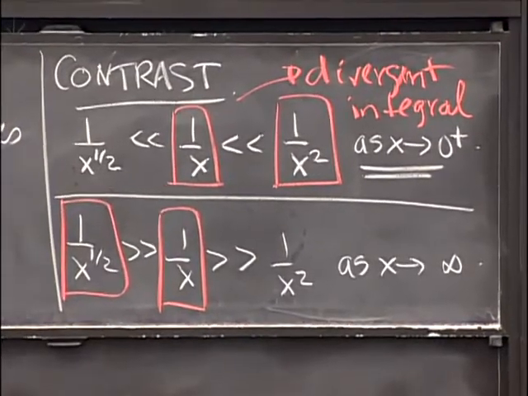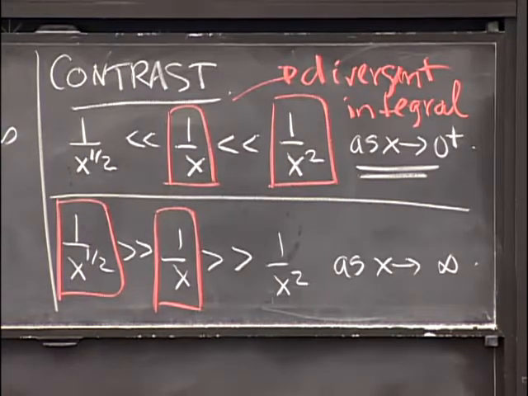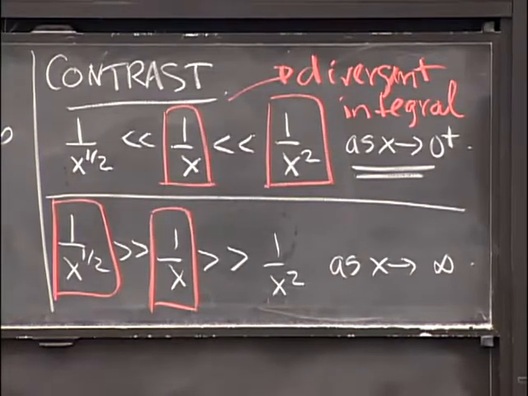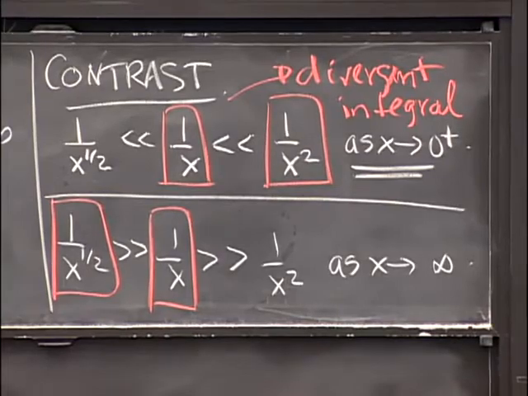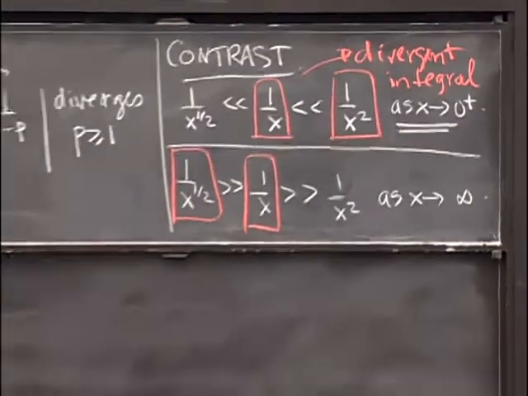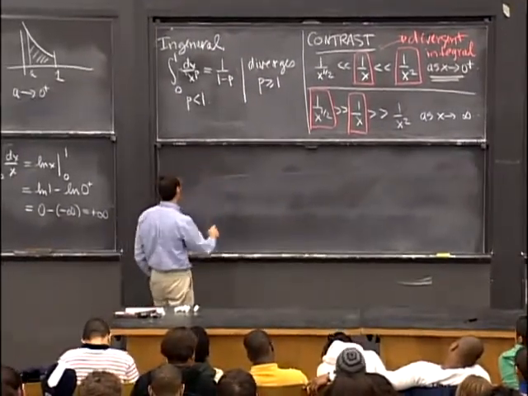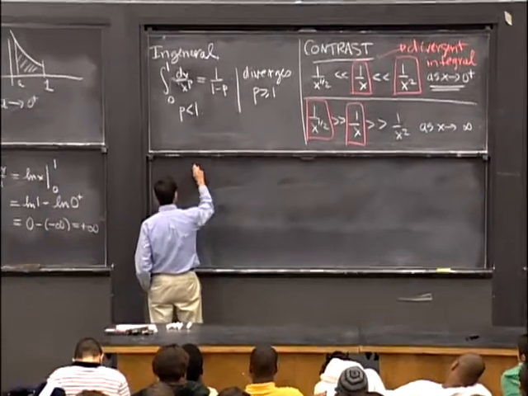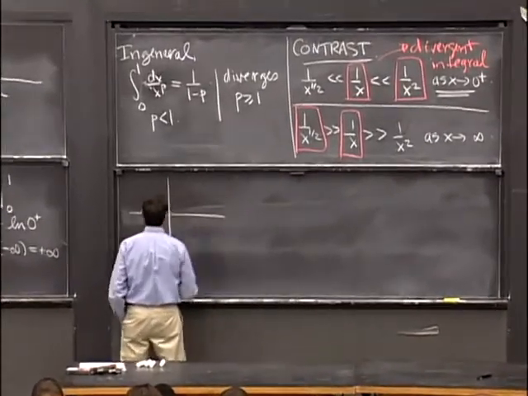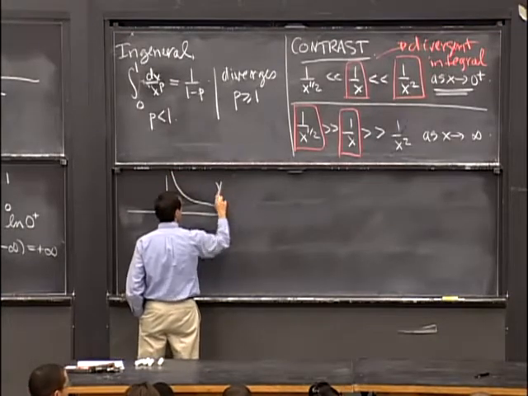Now, I want to draw this again here. Not small enough. All right. I want to draw this again, and so I'm going to just draw a picture of what it is that I have here. But I'm going to combine these two pictures. So here's the picture, for example, of y equals 1 over x.